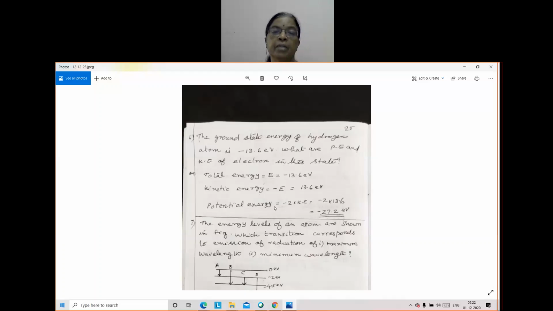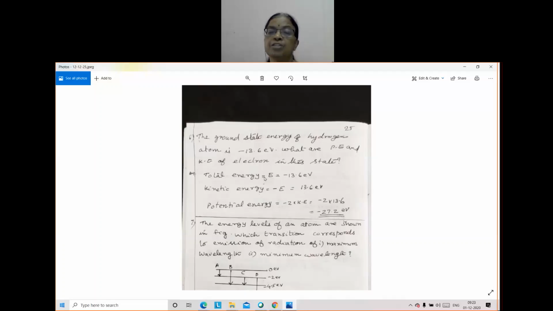I usually ask it as a 1 mark question because you don't need any calculation. If ground state energy is given, that's the total energy. So you can write total energy equal to minus 13.6 eV. So kinetic energy is the negative of total energy, that will be plus 13.6 eV.